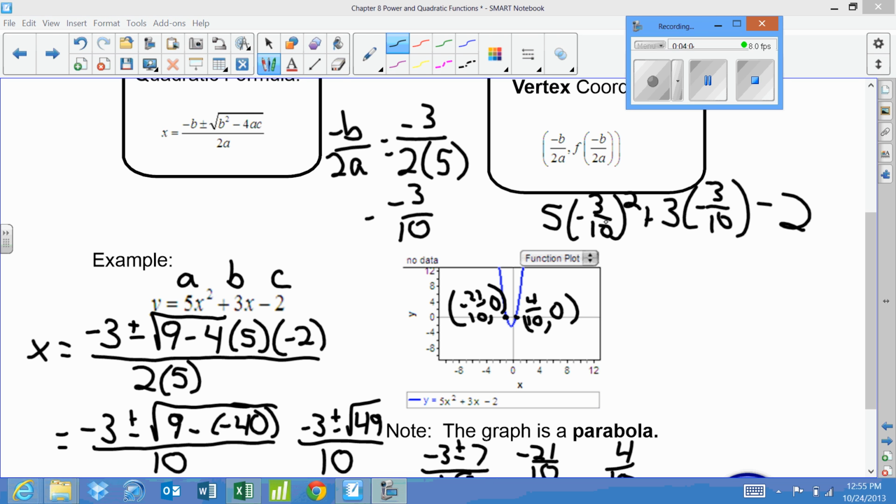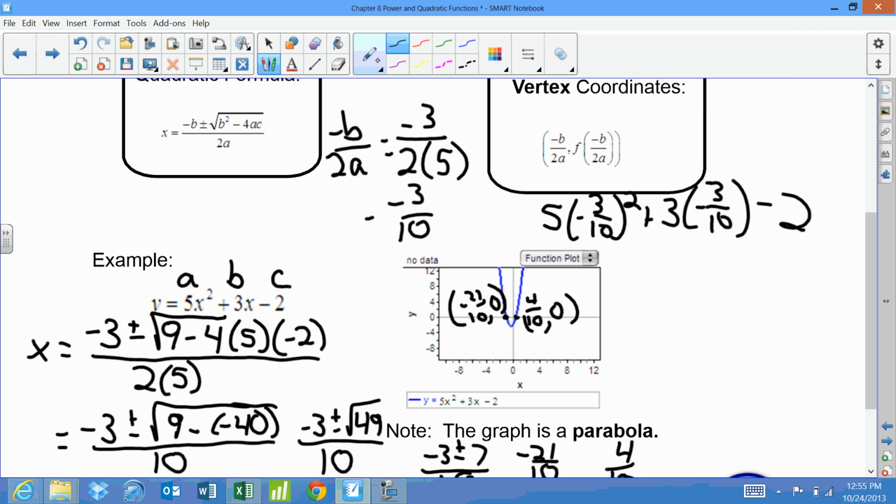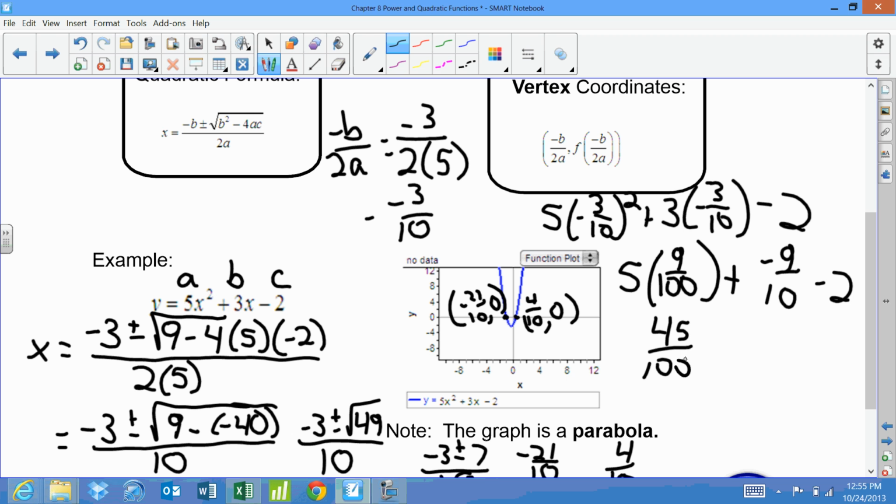Okay, so when we square that, we get 5 times 9 over 100, plus negative 9 over 10, minus 2. We multiply our 5 in, so we get 45 over 100 plus negative 9 over 10 minus 2.